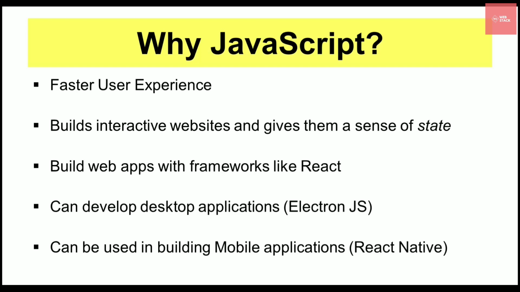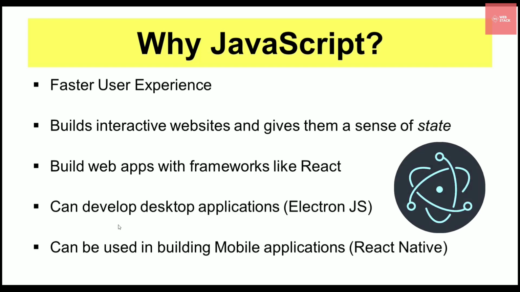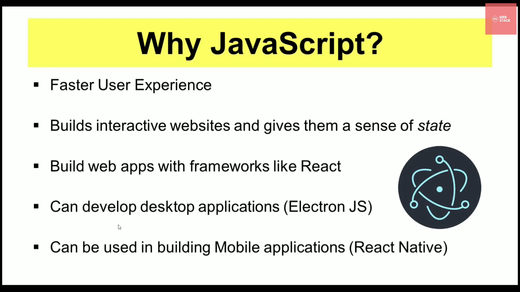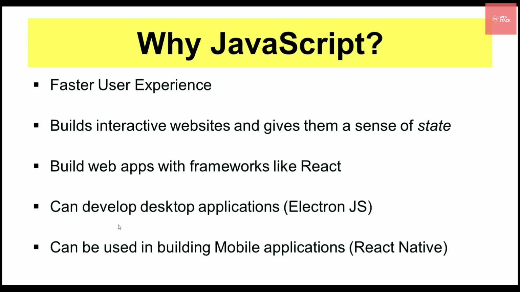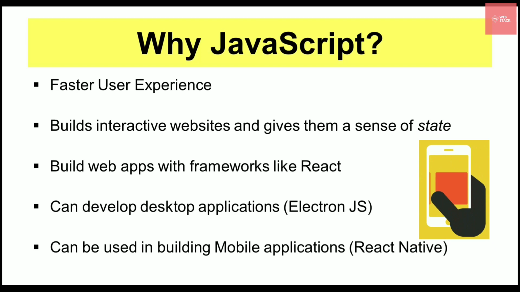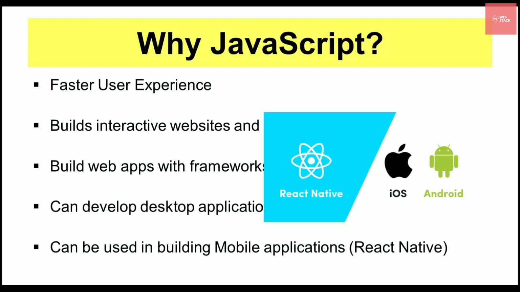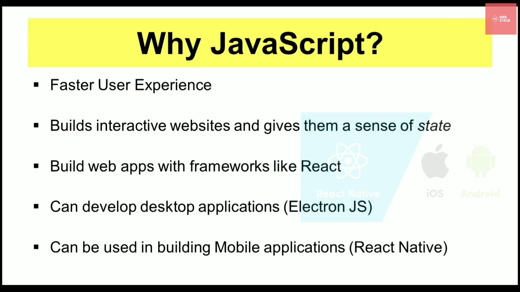It is also helpful in developing desktop applications, like a music player or a standalone desktop application, which we can build with the help of Electron.js. So you can see it does a lot more than just client-side scripting. For mobile applications, we can use React Native. Before going to all these frameworks, you need to study JavaScript from the very core.